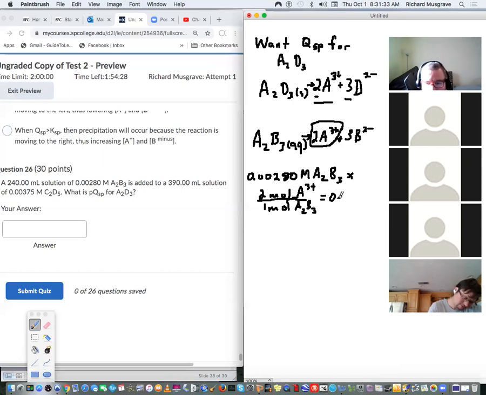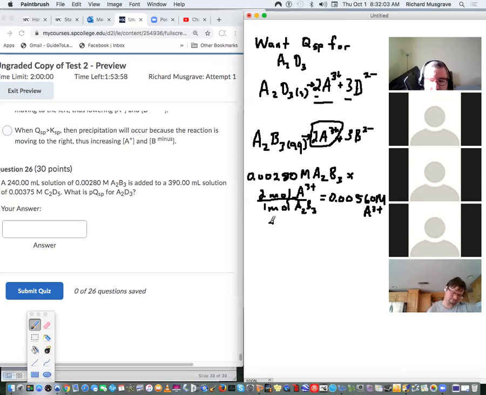And unless I'm mistaken, it's 0.00560 molar, and that'll be A3+. So you'll notice that because the A2B3 splits into 2 A's, we have double the concentration of A3+ in the initial solution. And we have to take account of that by doing that equation.